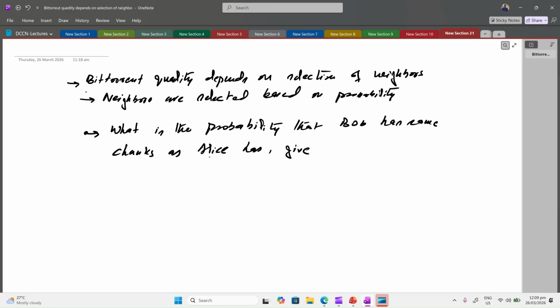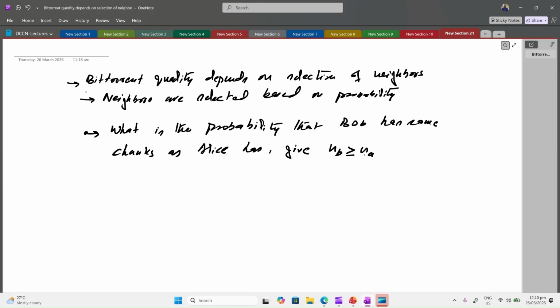Given n sub b here represents the number of chunks Bob has, are greater than or equal to the number of chunks Alice has. So Bob wants to make Alice a new neighbor.